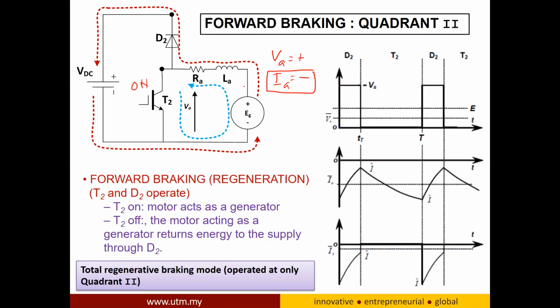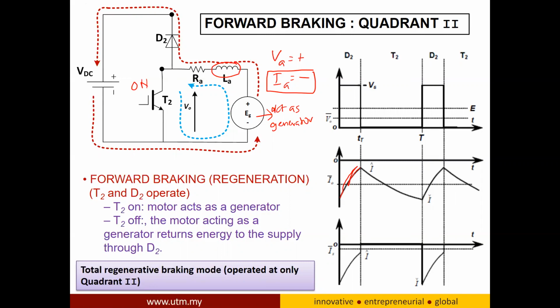Meaning that this motor, with its back EMF, will act as a generator. So it will charge this inductor. As you can see, the current here is charging towards positive.